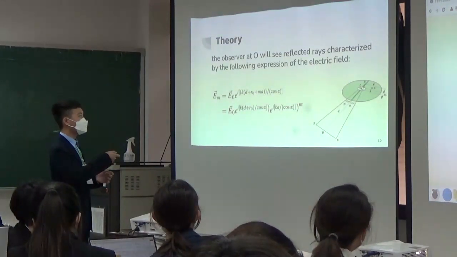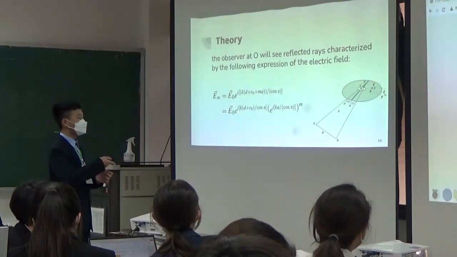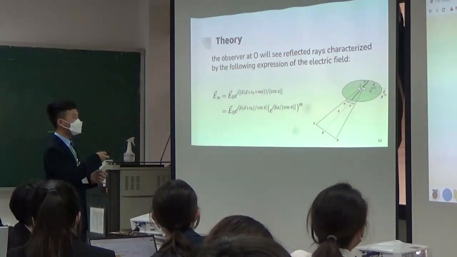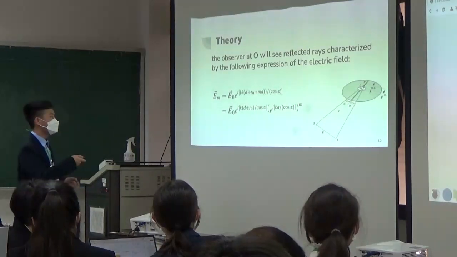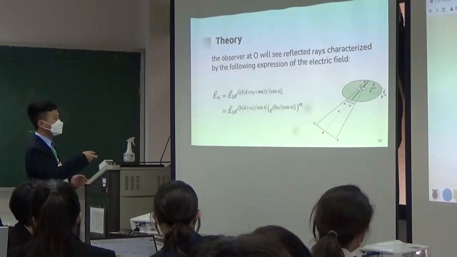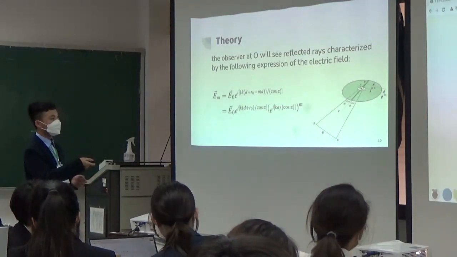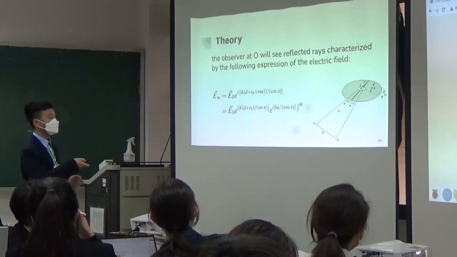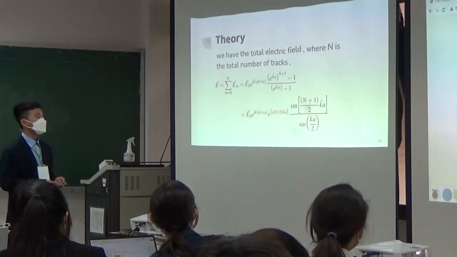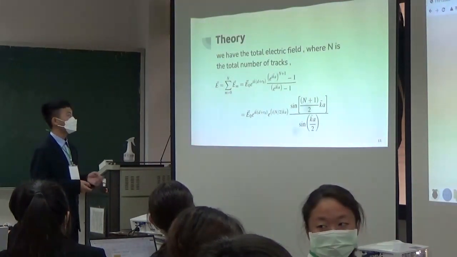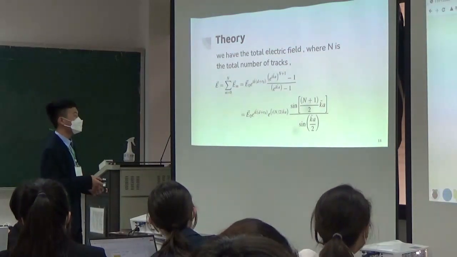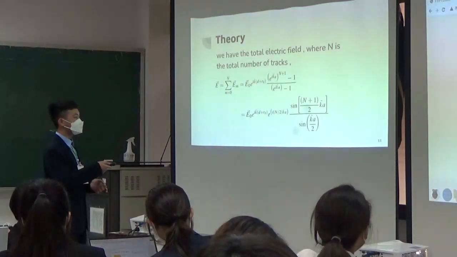In electric fields, propagation is given by this equation, where i is just the imaginary number, k is a constant, and d equals this because we just assume it here. We sum over the total number of tracks, which is just a mathematical operation, and by the operation we get these results.